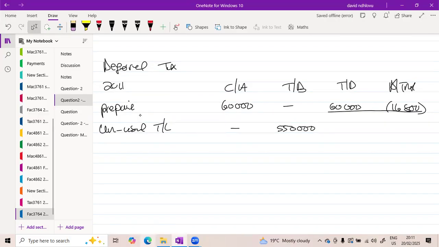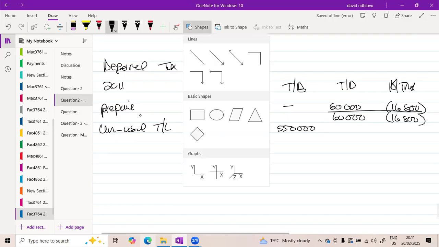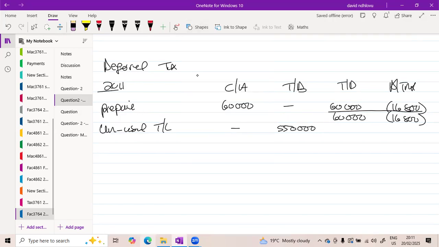My question to you is, what must I do concerning that figure? Remember, I have 60,000 here. I have 16.8. They told you that even in 2011, at this particular point, the profits were not guaranteed. So what must I do to the 550?